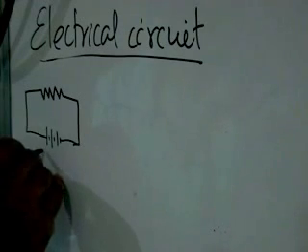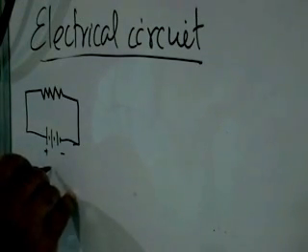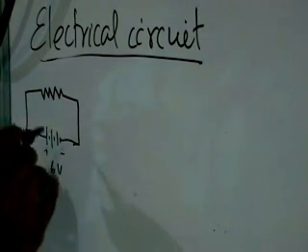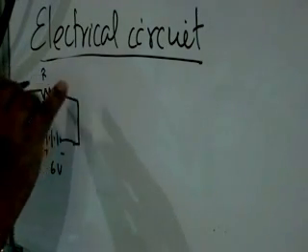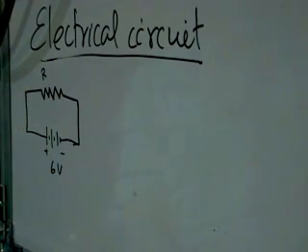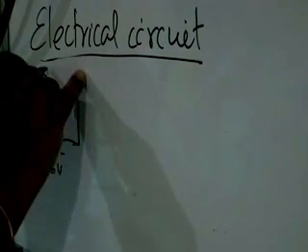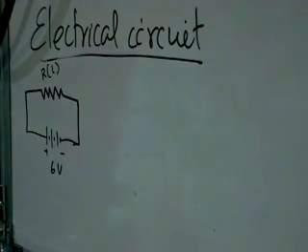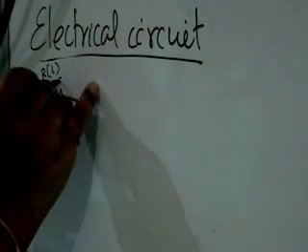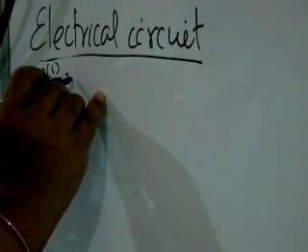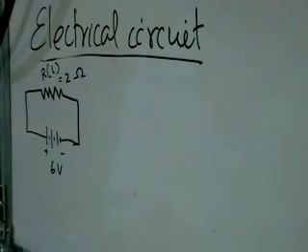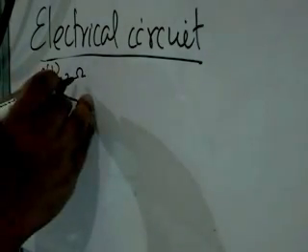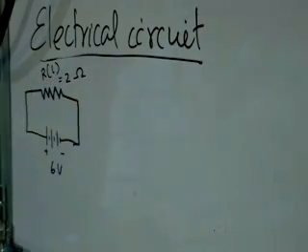If the source has 6 volt and the resistor is a load, that is why sometimes the resistor is written as R and even L, and it has 2 ohms, ohms being the unit of resistance.